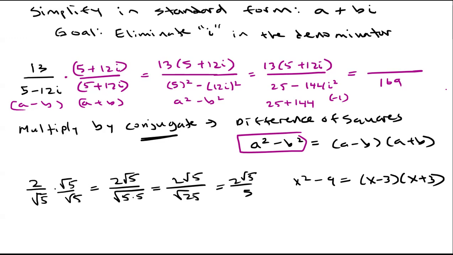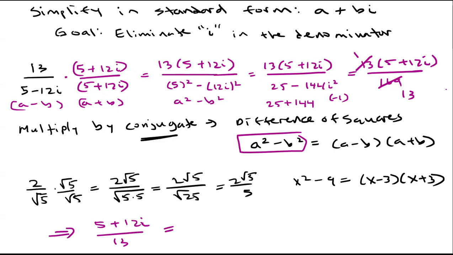So I'm going to, so let me just write this out here. Okay, so I'm going to simplify this by 13 goes in 13 one time, and 13 goes into 169 13 times. Okay, so I'm going to write my answer down here. Right, so in this case, we're going to have 5 plus 12i over 13.